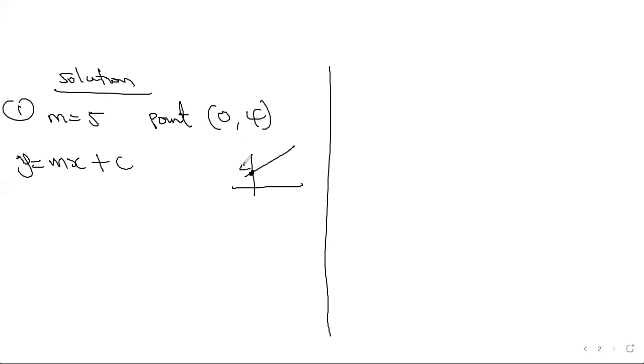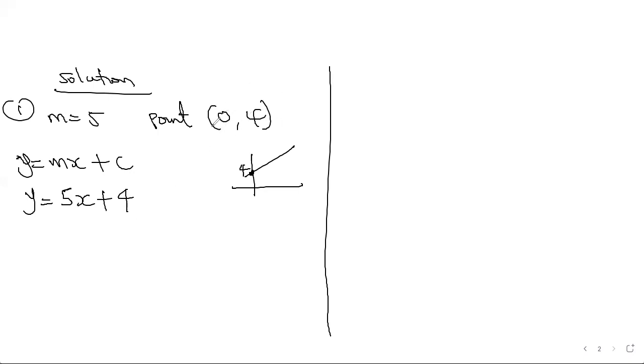Even if you couldn't see that, you can still use this equation. So I know c as 4 and I know my gradient as 5, then I can write the equation: y equals 5x plus 4. This is pretty straightforward.